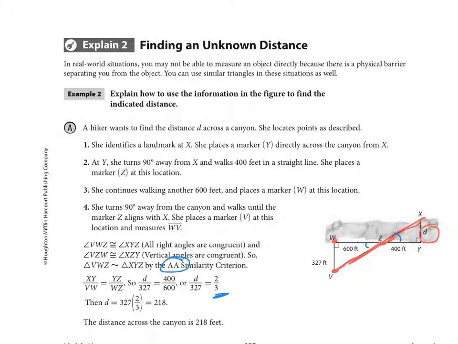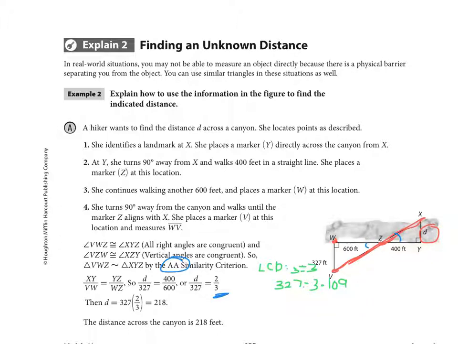And our LCD in this case, pulling that off to the side really quickly, LCD is between 3, which has no other prime factorization other than just 3, and 327, which has factors of 3 times the prime number 109.